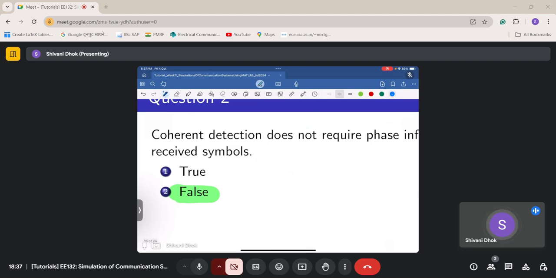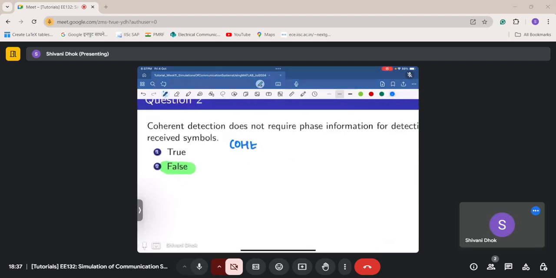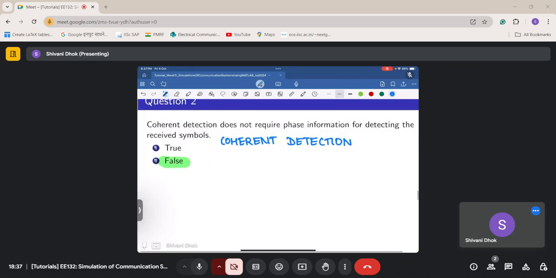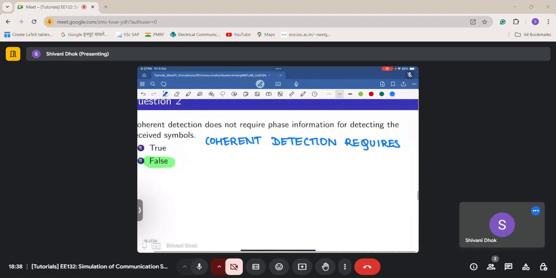Coherent detection requires the knowledge of, or requires, the phase information.